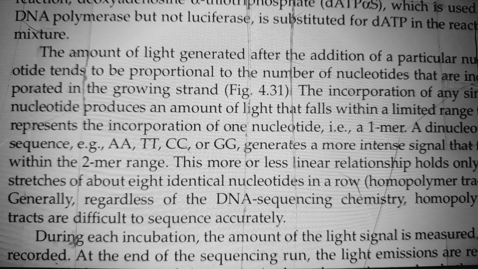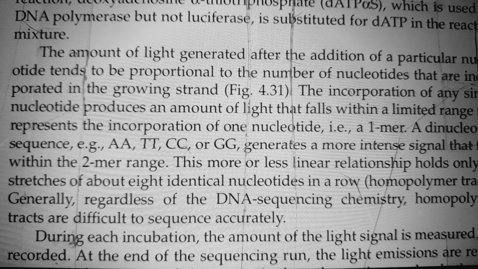The amount of light generated after the addition of a particular nucleotide tends to be proportional to the number of nucleotides that are incorporated in the growing strand. The incorporation of any single nucleotide produces an amount of light that falls within a limited range that represents the incorporation of one nucleotide.